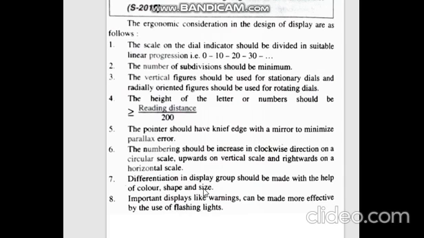Everything for the convenience of the operator or the human being who is present there. For man, it should be easy. Okay. Then important displays like warnings can be made more effective by the use of flashing lights. If there are any warning signs, then flashing lights, if you use, then it will be more effective.